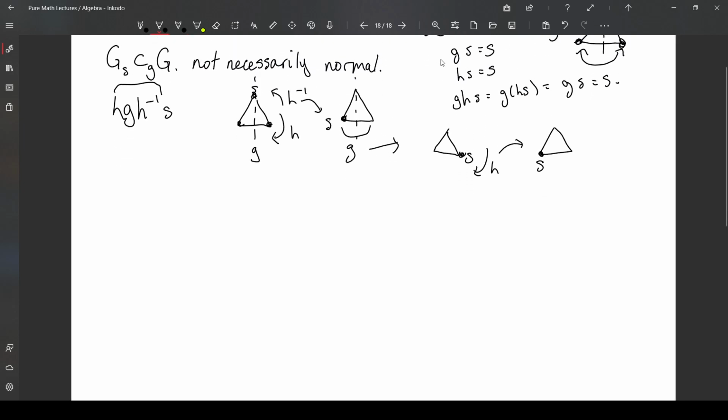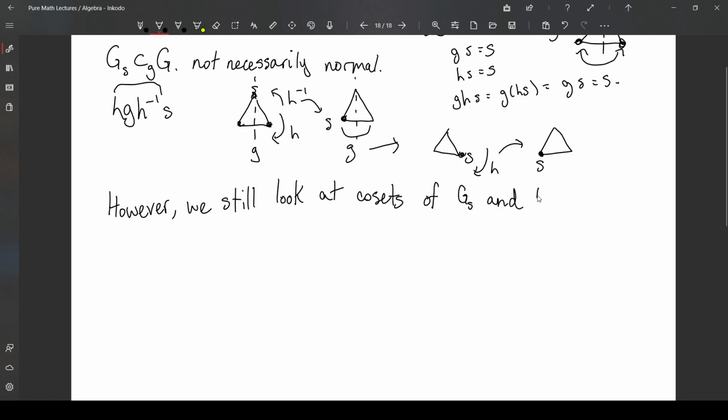However, we still look at cosets of G sub S and the factor space G by G sub S, right?